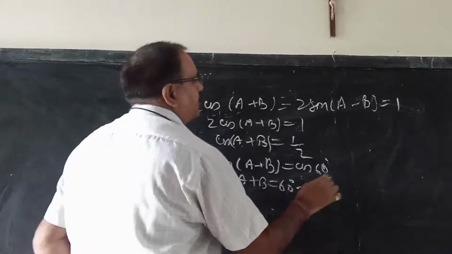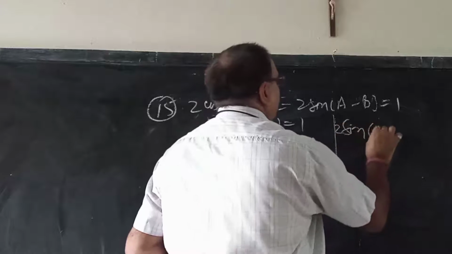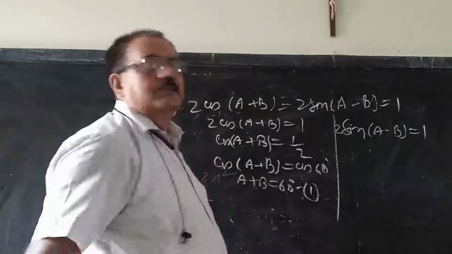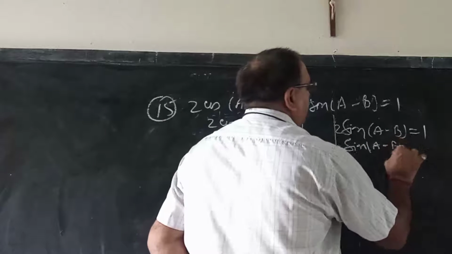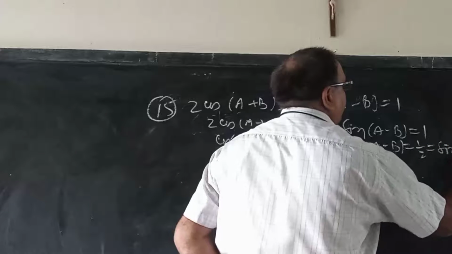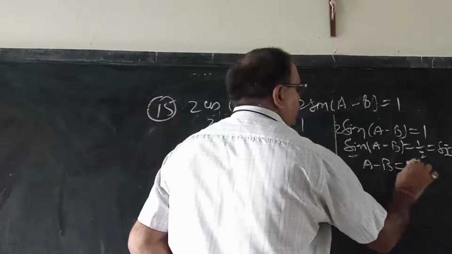That is one equation. Second, 2sin(a − b) is also equal to 1. So sin(a − b) is equal to 1/2. 1/2 means sin 30°, so when we compare, a − b is equal to 30°.